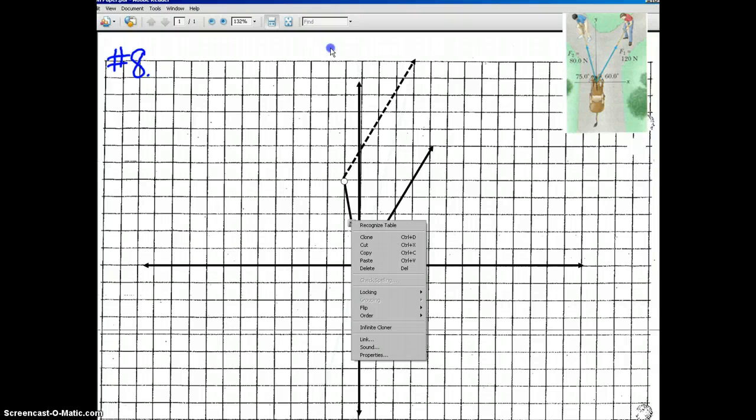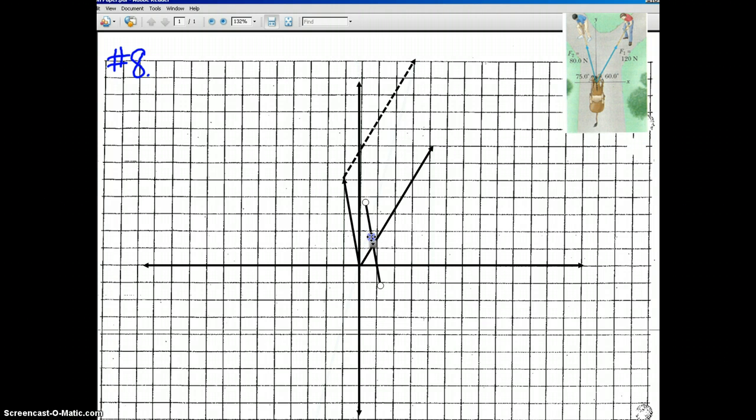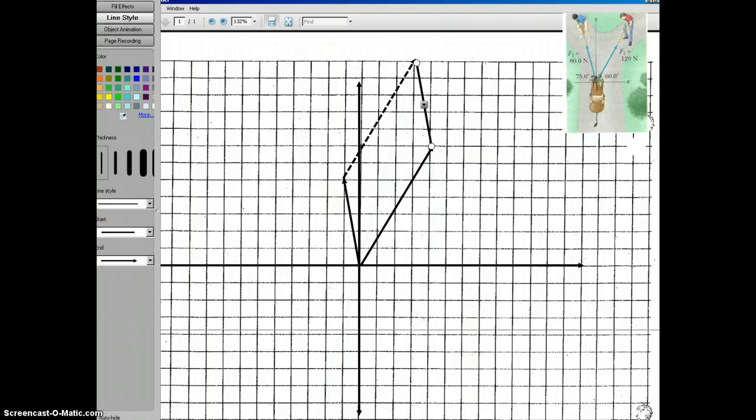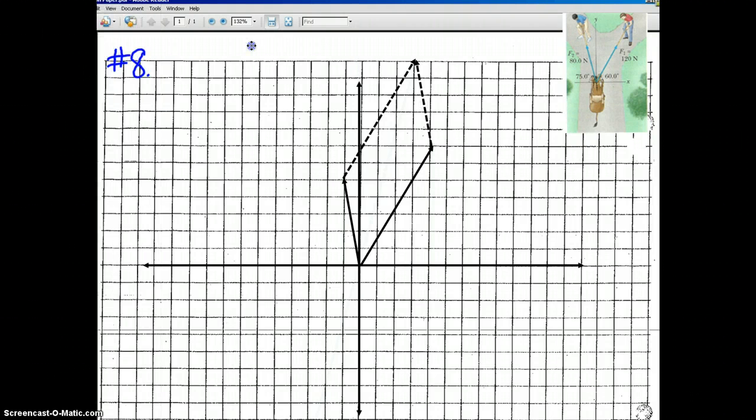And then we want to take the 80 Newton vector and attach it, in the same magnitude and same direction, to the end of the 120 Newton vector. And here we have our parallelogram, and the resultant ends up being the diagonal of that parallelogram.